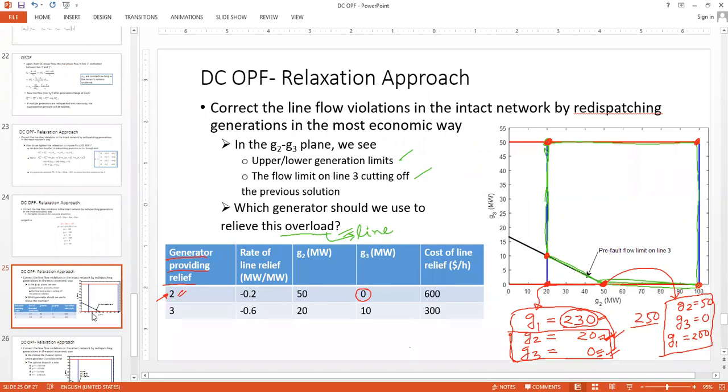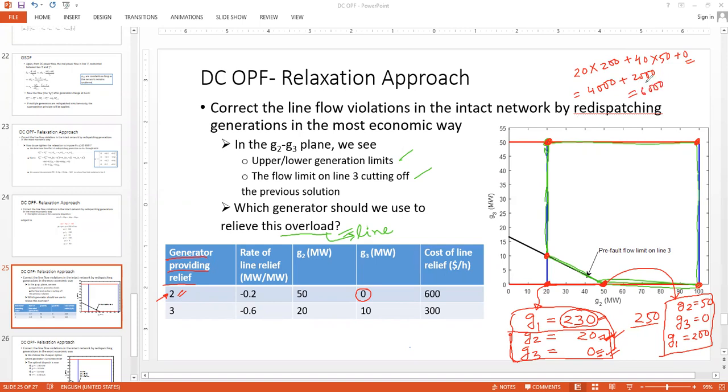So what is the cost? 20, 40, and 50. So 20 into 200, 40 into 50 plus 0 for G3. So it is 4,000 plus 2,000. So it is 6,000. Our previous cost was how much?